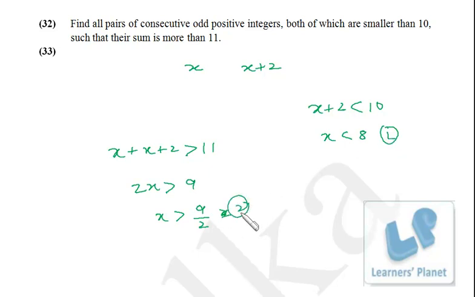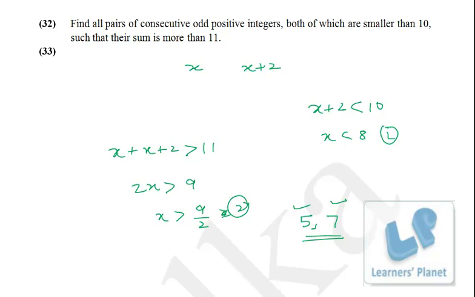Now since x is an integer, 9 by 2 is actually 4.5, and x has to be greater than 4.5. That means x should be minimum 5. So x is minimum 5 and maximum it can be less than 8, so maximum it will be 7. Since we have consecutive odd integers, one of them is 5 and the other is 7.